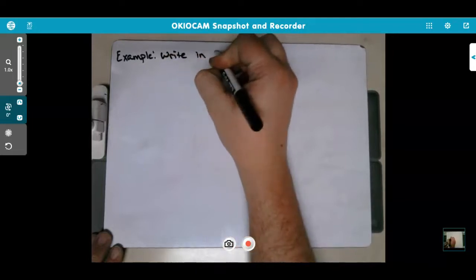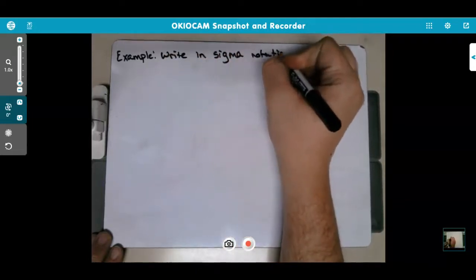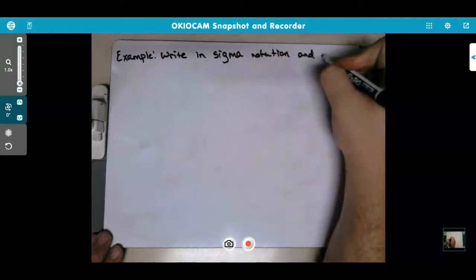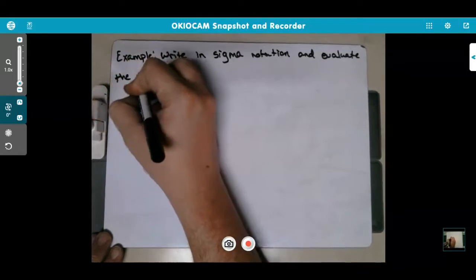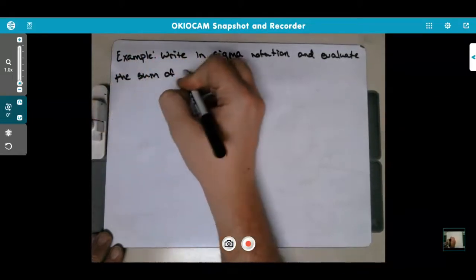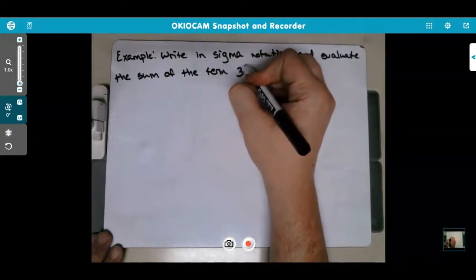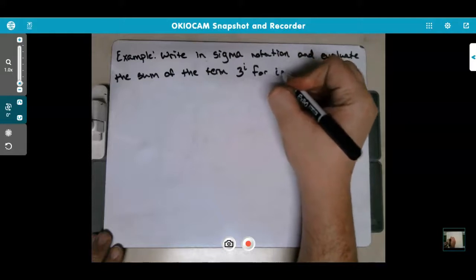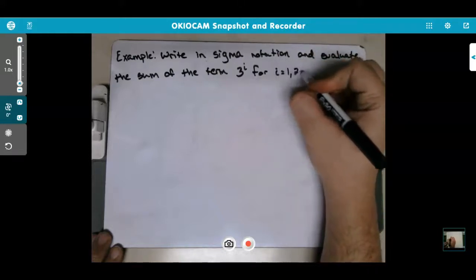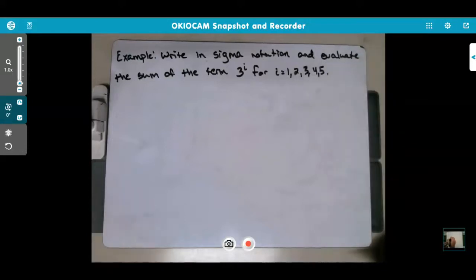We're going to write in sigma notation and evaluate the sum of the term 3 to the power of I for I equals 1, 2, 3, 4, and 5.